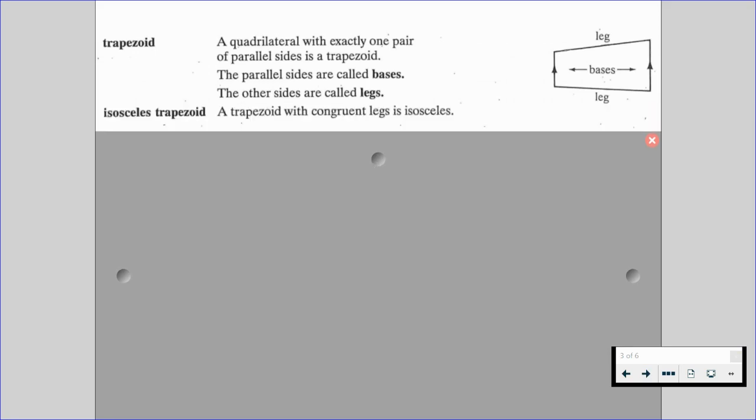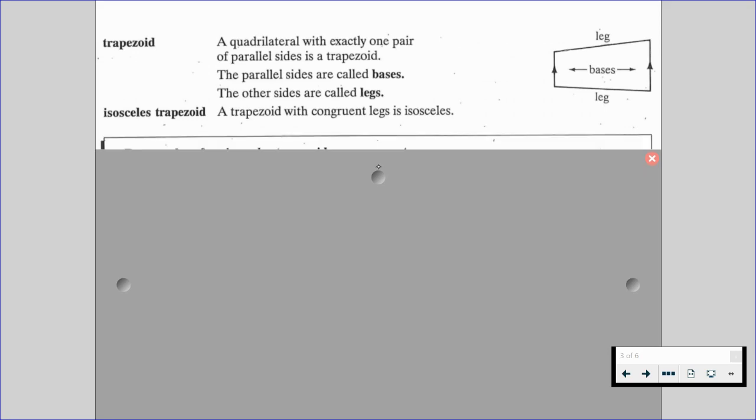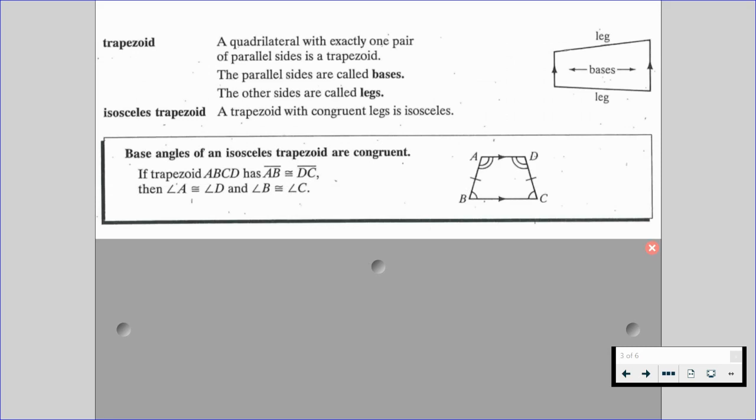We also have an isosceles trapezoid, and an isosceles trapezoid is going to be a trapezoid that has congruent legs, just like an isosceles triangle. We're just going to take it up a notch. So we have a theorem that base angles of an isosceles trapezoid are congruent.